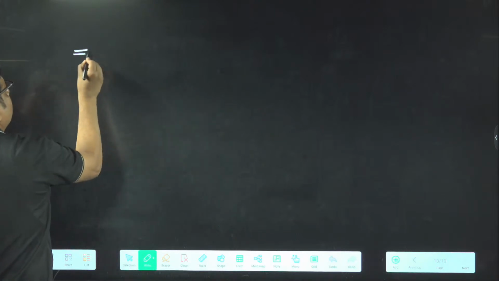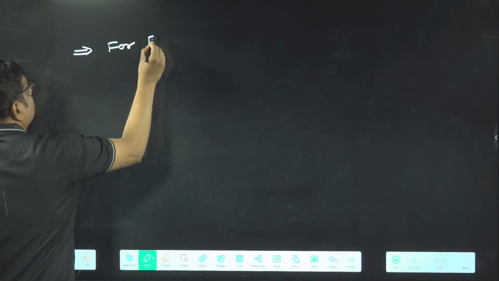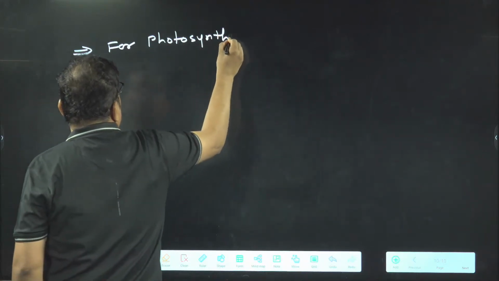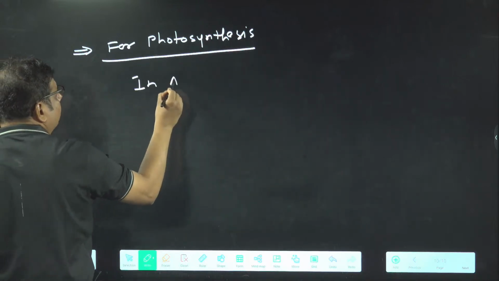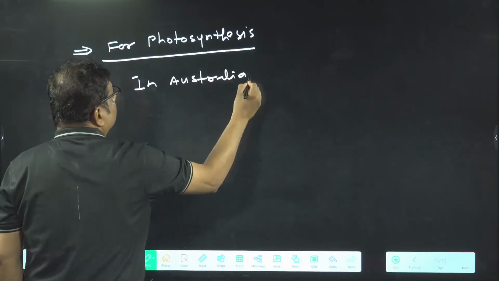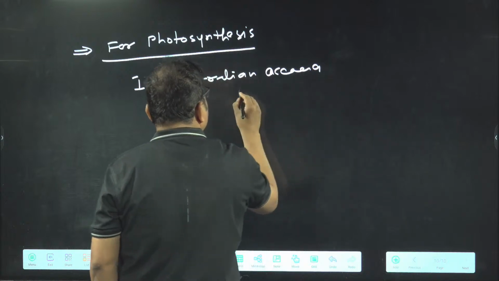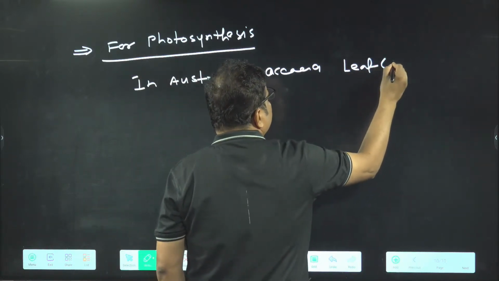Now finally we are going to deal with what happens for photosynthesis. For photosynthesis, what you report in Australian acacia: who is short-lived? Leaf, and especially which part of the leaf?